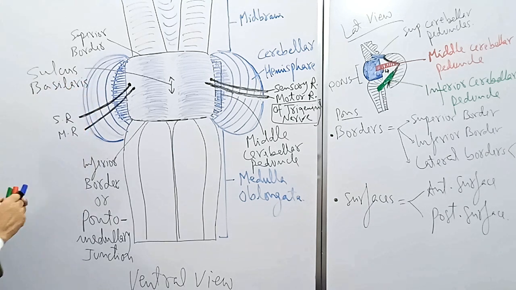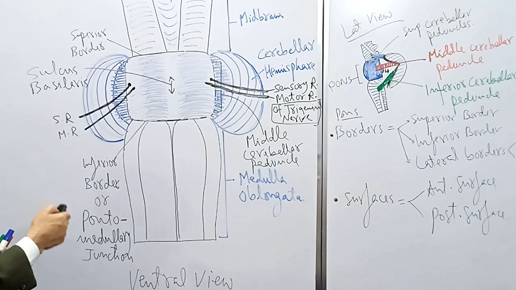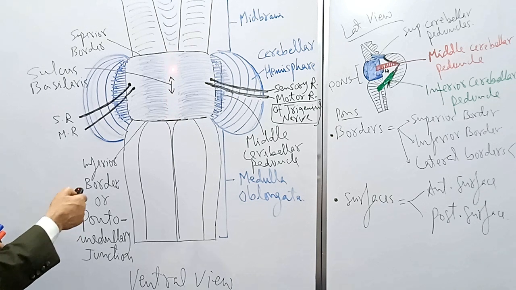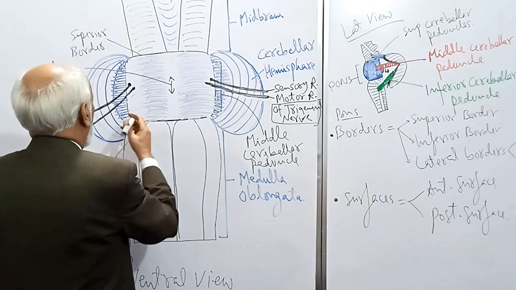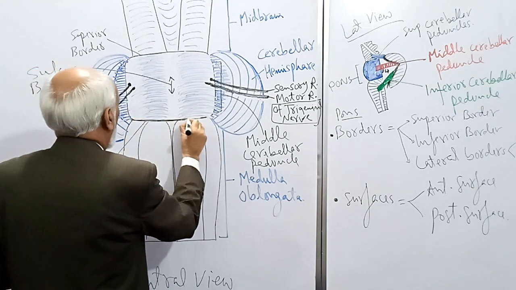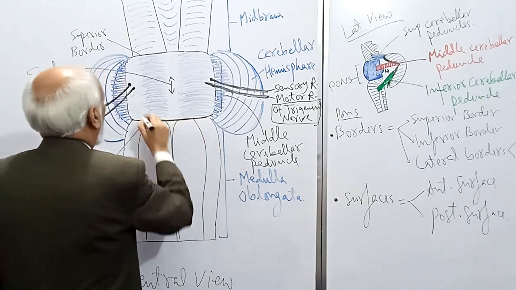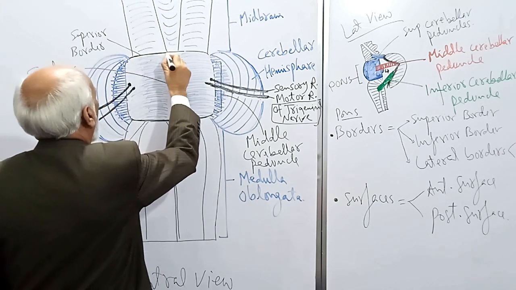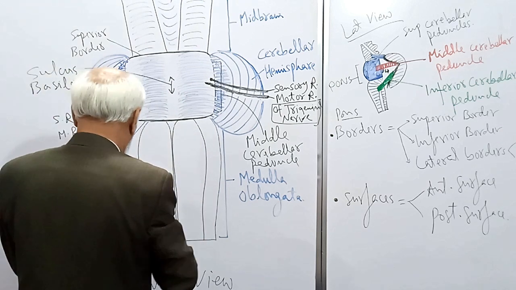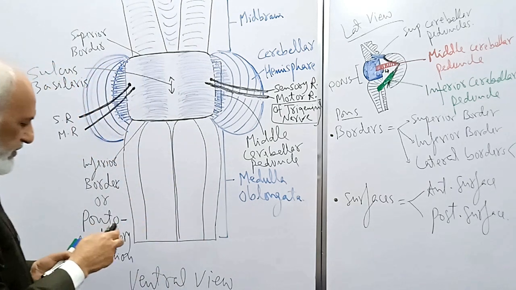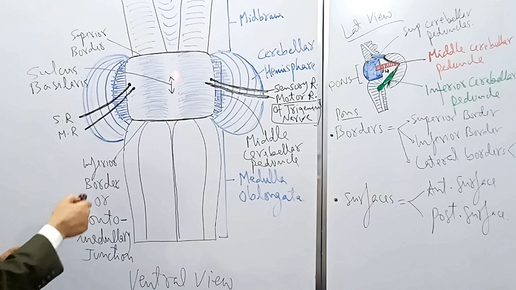A vertical, wide, shallow sulcus traversing the middle of the ventral surface of the pons. It is known as the sulcus basilaris. Now, what is this sulcus basilaris? It is due to what?